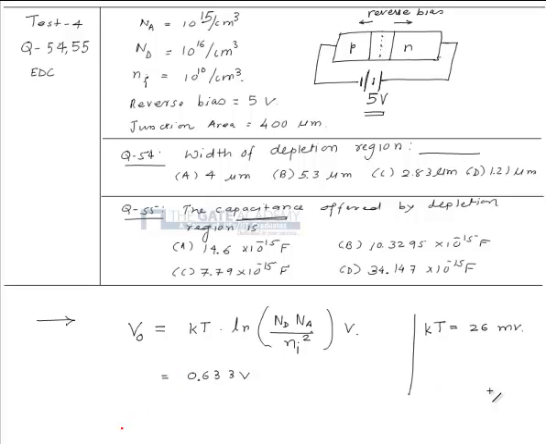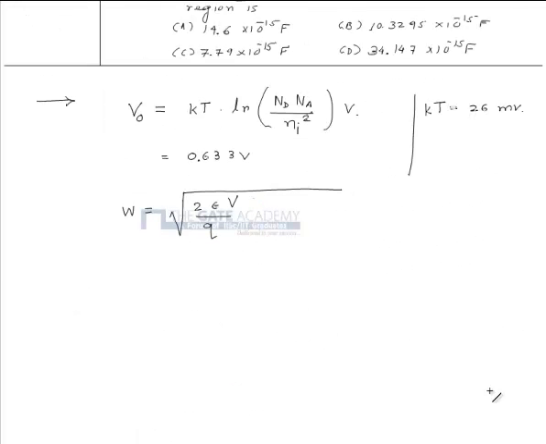Then width of the depletion region W is root of 2 epsilon V upon Q into 1 upon NA plus 1 upon ND.